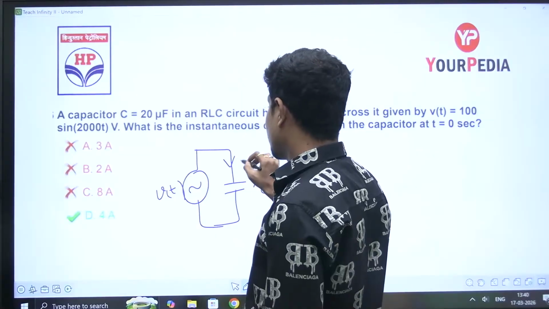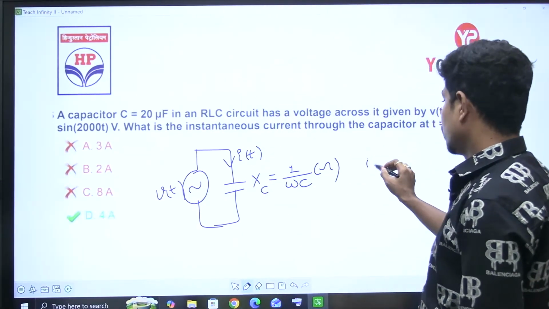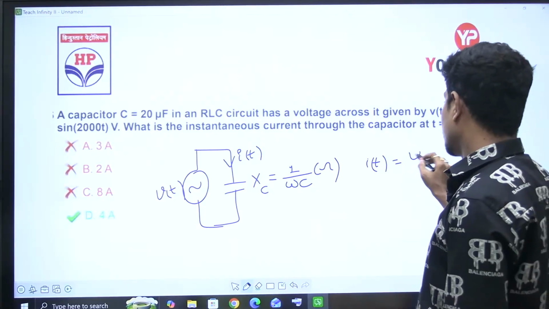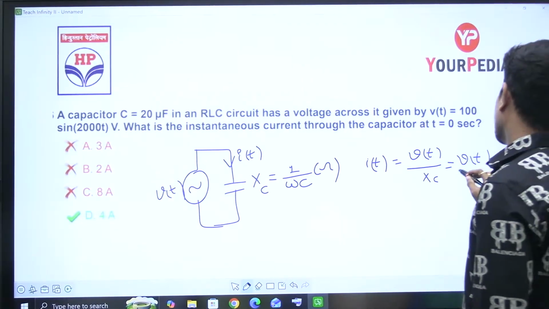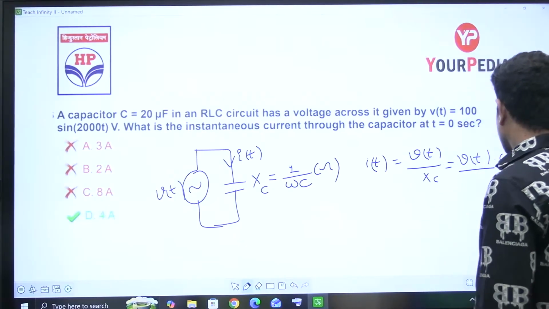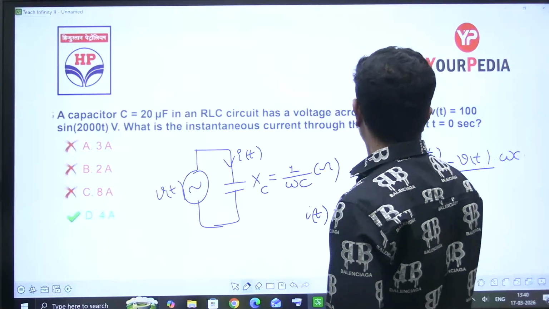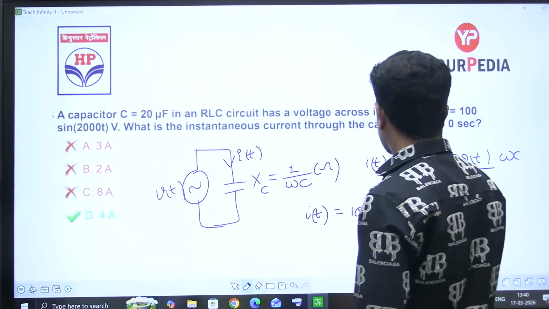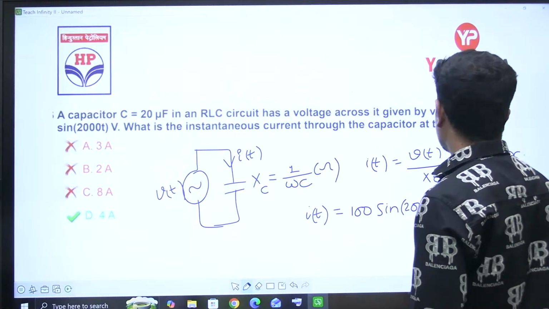Now he is asking about current. So I of t is equal to voltage divided by Xc, that is voltage by 1 by omega C, which will be into omega C. So I of t is equal to, what is V of t? V of t is 100 sin 2000 t into omega is how much?